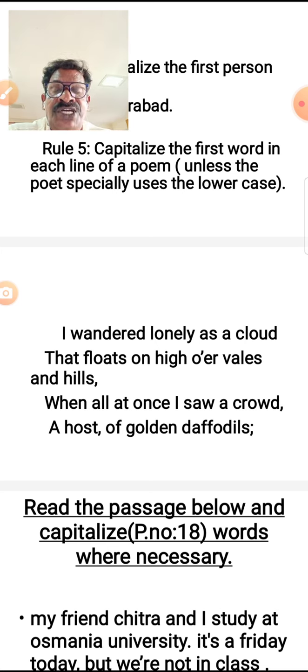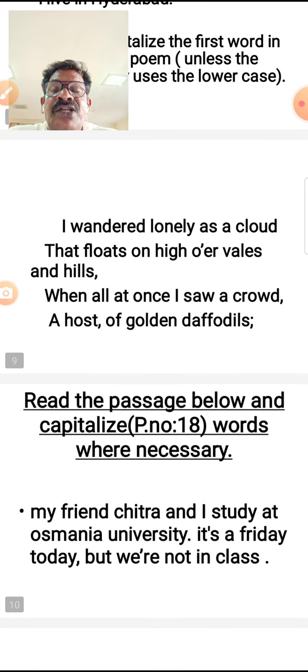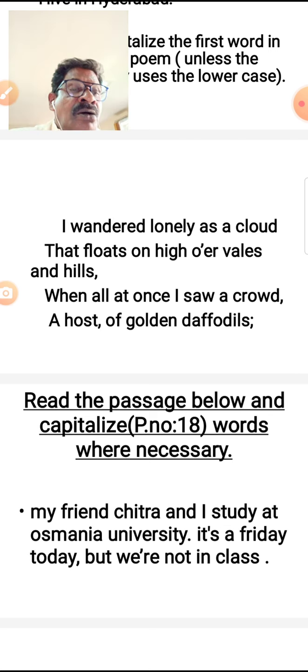Even if you want to check more for this one, as I told you, you just go for lesson number 3, that is the poem A Psalm of Life, written by Henry Wadsworth Longfellow, for your comfort or knowledge. Now in page number 18 in the first lesson of our syllabus, there is a passage given to you.